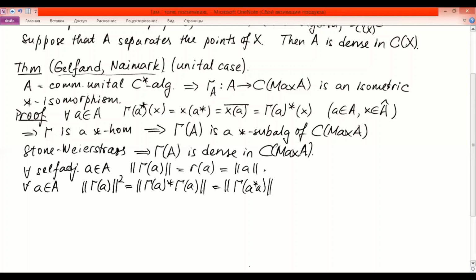Well, but a star a is self-adjoint, and we already know that gamma is isometric on self-adjoint elements, so this is the norm of a star a. And finally, by the C-star identity, this is the norm of a squared. So this chain of equalities implies that gamma is isometric.